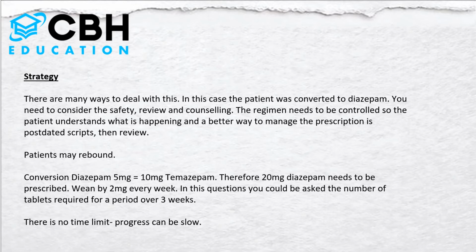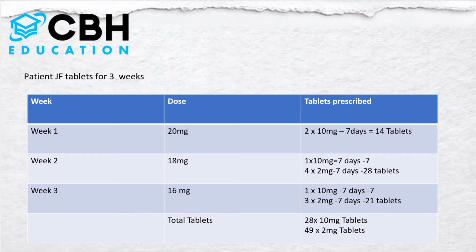Okay, so how was this patient reduced? They were reduced by 2 milligrams, and they were reviewed in a 3-week period. For example, you could be asked to calculate the number of diazepam tablets that you're going to prescribe with each strength. The best way to work out this calculation would be: week 1, 20 milligrams, 2 milligram for 7 days, that's 14 tablets. Week 2, 18 milligrams, a split between 2 milligram and 10 milligram.